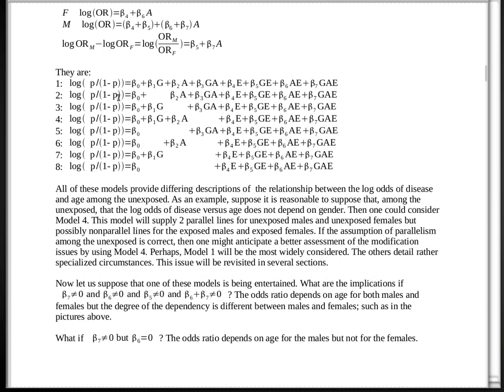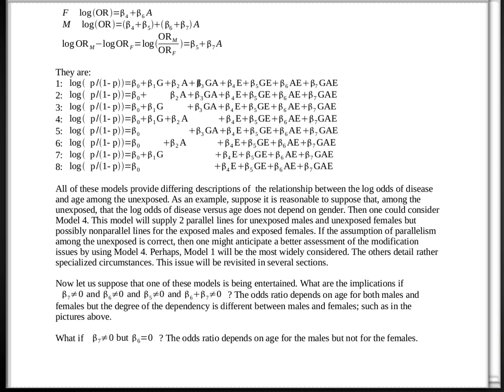Notice that the expressions beta 1, beta 2, and beta 3 all involve statements about the log odds of disease in the absence of exposure.